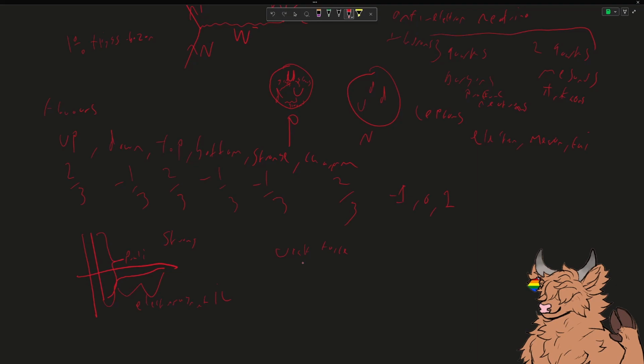I'm going to give an example here, as I don't know how to draw the graph. If we have a kaon, a kaon is created in a particle accelerator, when you bash a particle into a neutron. You get a kaon and a sigma particle, but I can't be bothered to talk about sigma particles.